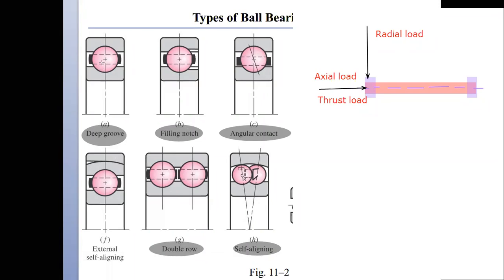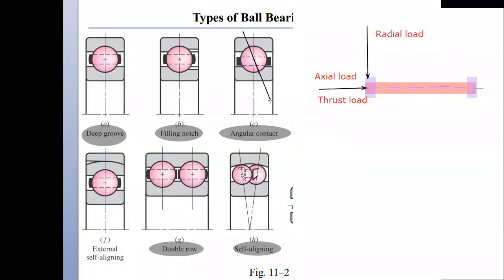For example, this deep groove bearing can take radial load as well as axial load. If you look here, in an angular contact bearing the contact is a little bit different, and the contact is such that the force is applied not only on these points but at some angle.